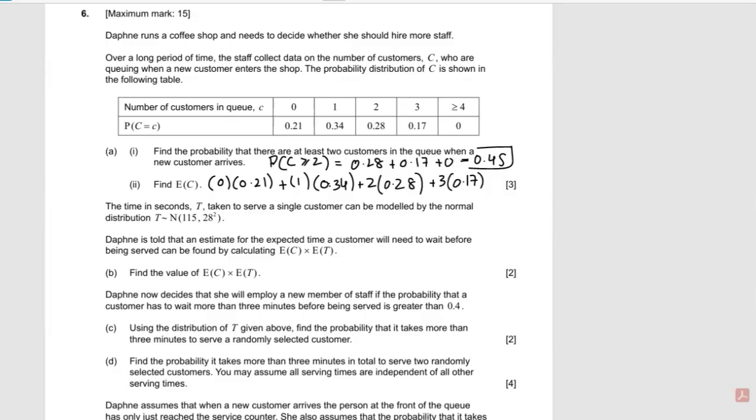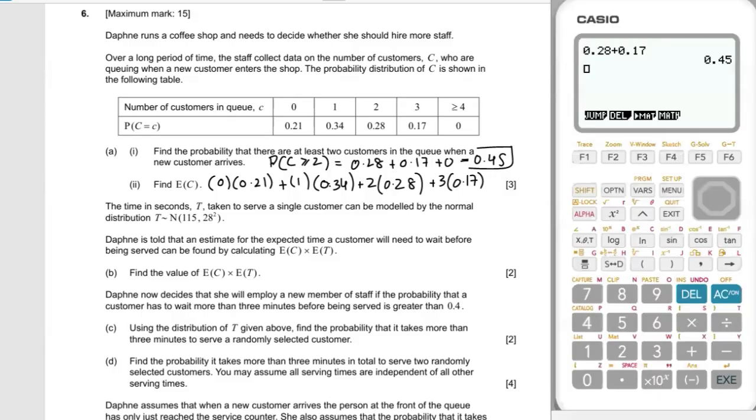And similarly for 4 or more, that's just a 0. Let's ignore that. So it's just 0.34 plus 2 times 0.28 plus 3 times 0.17. Let's execute, and it's 1.41.